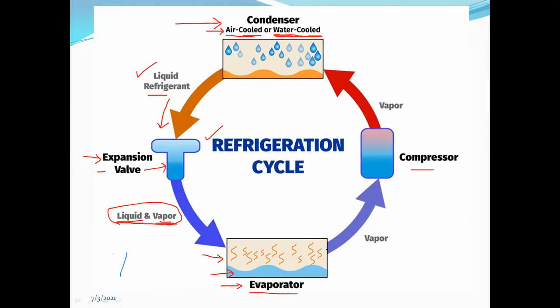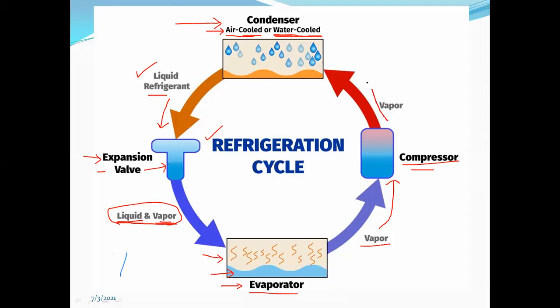So at the outlet of the evaporator we can observe vapor, and again the vapor is transferred through the tubings towards the compressor. Then the compressor compresses the vapor.